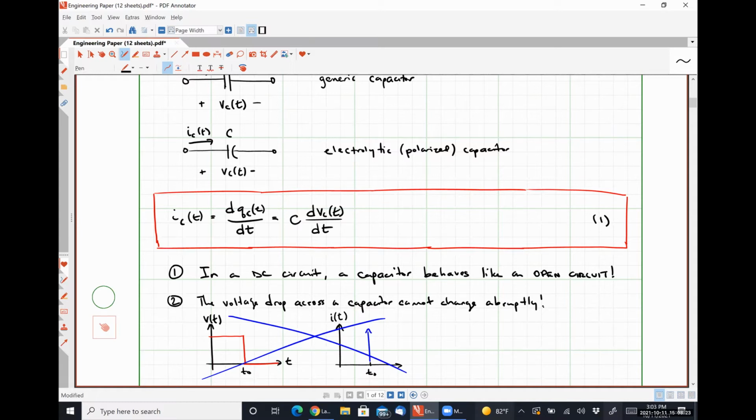We are going to use these two simple sentences to form the basis for how we treat our energy storage elements when we shift away from DC steady state, which is all the transient analysis that we're going to be talking about means. Okay. So statement 2 here and statement 2 for inductors, extraordinarily important.